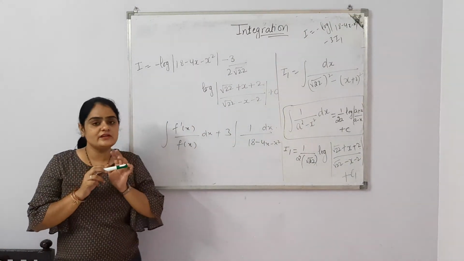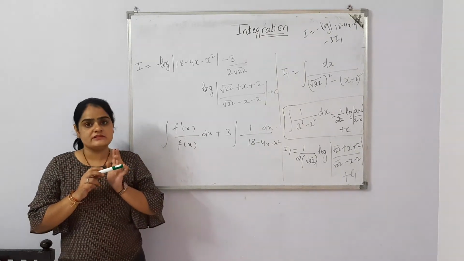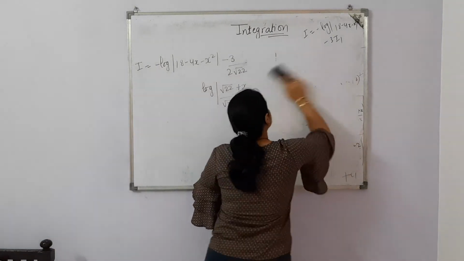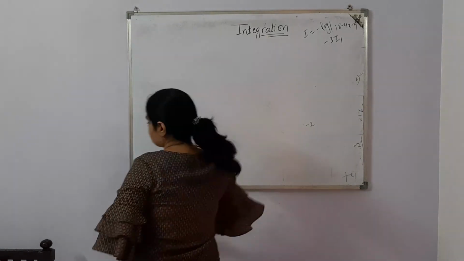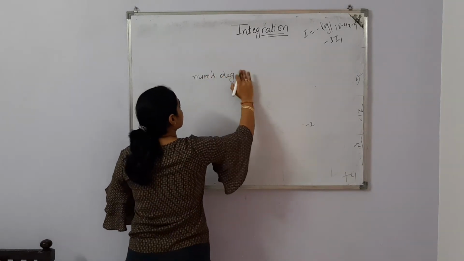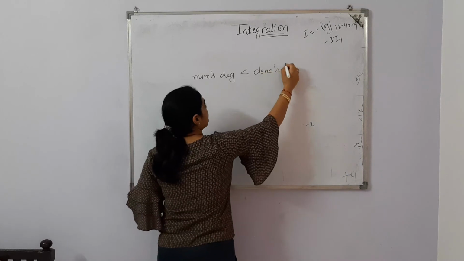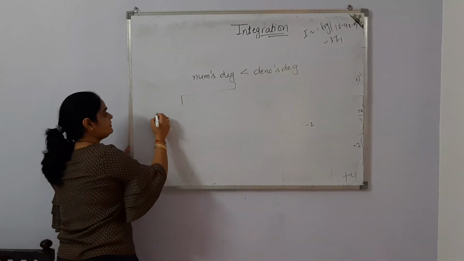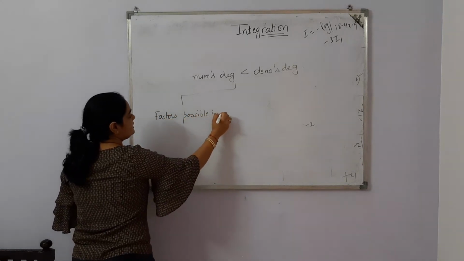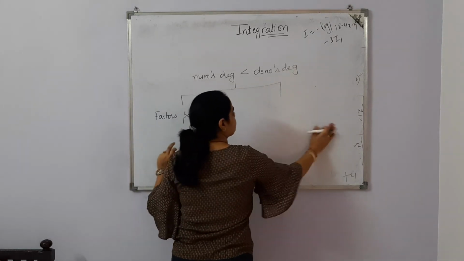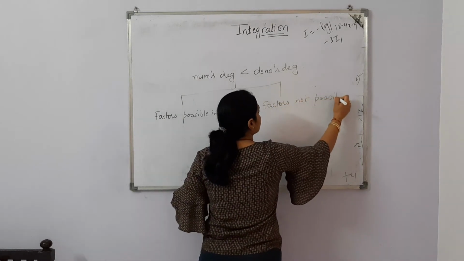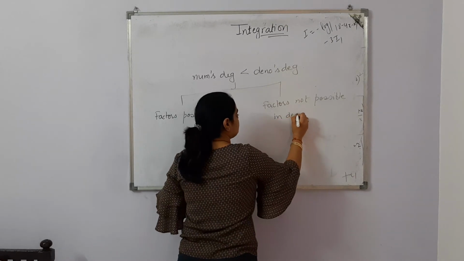First of all, I'm making one easy flow chart. If the numerator's degree is lesser than the denominator's degree, then there can be two things: factors possible in the denominator, or factors not possible in the denominator.